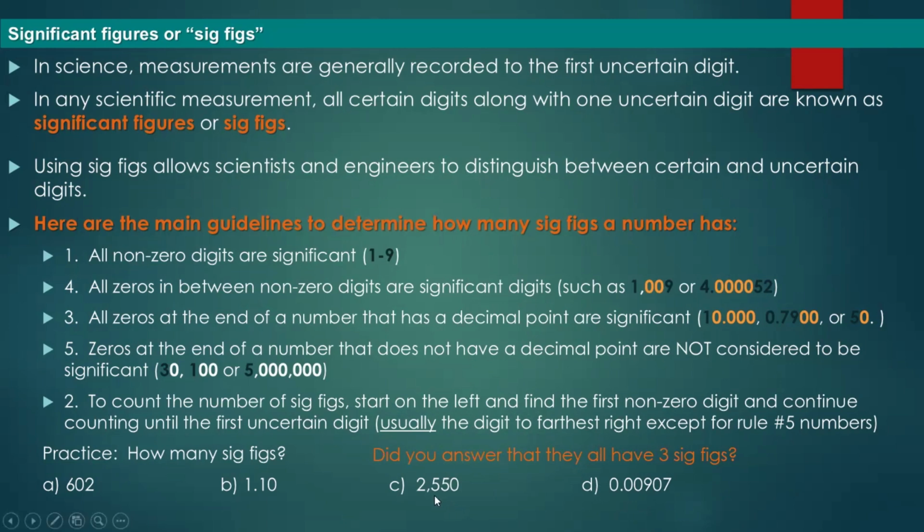Number C is because of rule number 5, there's no decimal point, so there's no reason for us to think that they're not estimating. So that one does not count as a significant figure. And then this one we skip until we find the first non-zero digit. So 907. So we have 3 significant figures.